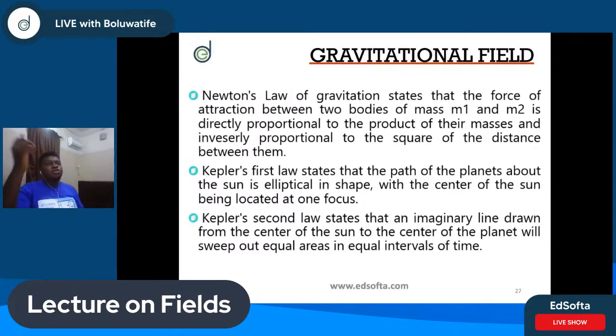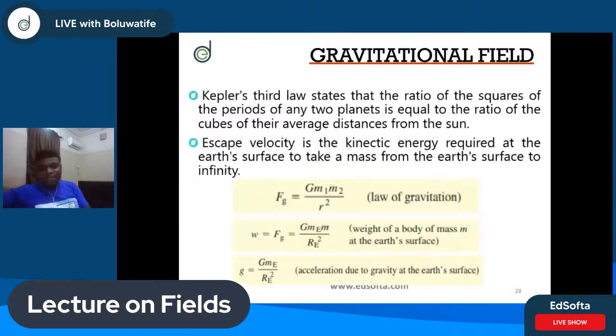That's what Kepler is saying. For equal intervals of time, it will sweep out equal areas. That's what Kepler's second law is saying.